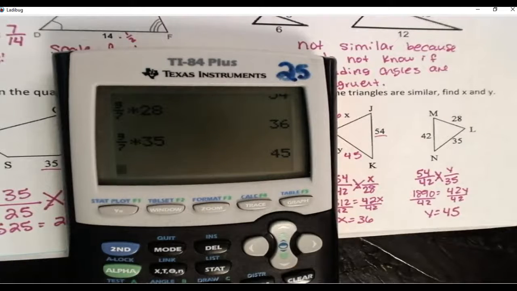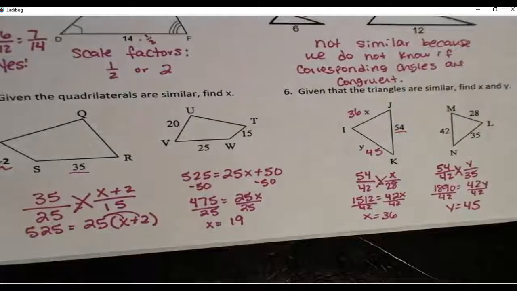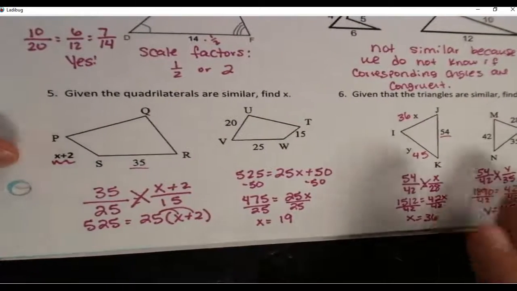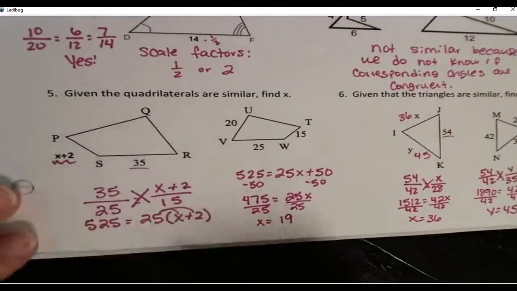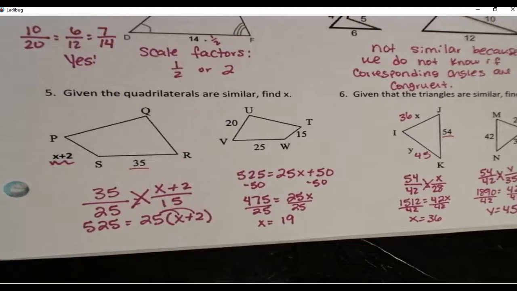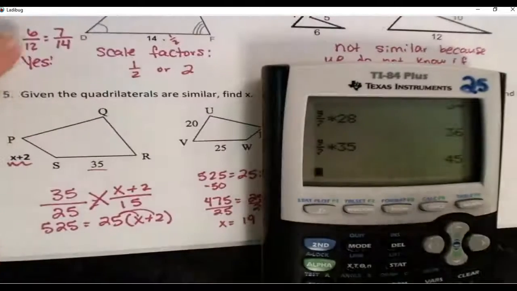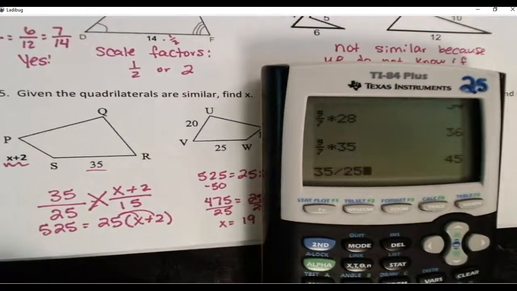You can also do it that way if you want to, if that makes more sense to you. So you find the scale factor and then you just multiply. Again, I would rather solve for x just because, like in problems like number 5, you're looking for x, you're not necessarily looking for the side length. So like in this one, if we did 35 divided by 25, we get 1.4.